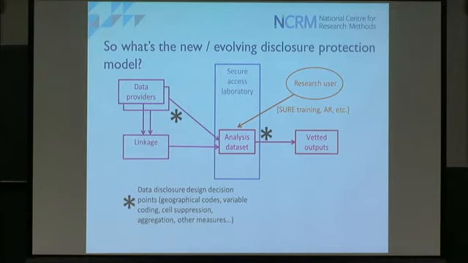So our new model might start to look something like this, where we have our data providers over here, who are providing data into a secure access laboratory, where there's some form of linkage and then the data is input into that environment. And then we have disclosure design decisions, again, before and after this secure access environment. We have our analysis data in this location, and then we have vetted outputs, which are coming out of the other side.